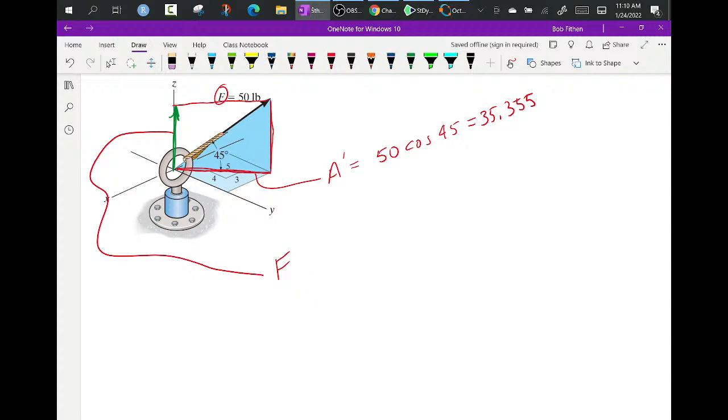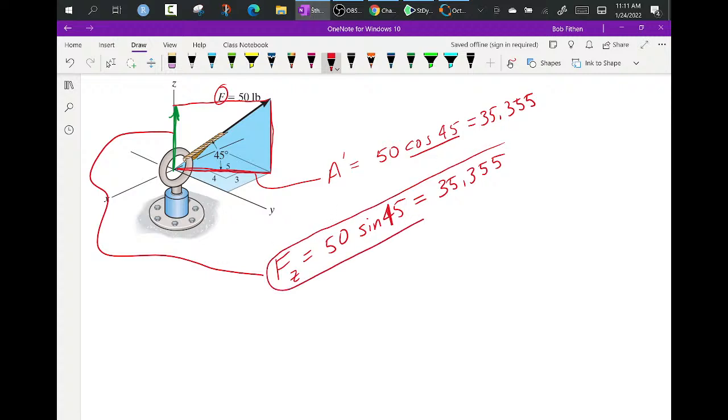The z component is going to be 50 pounds, and technically I'll do sine of 45, but it turns out it's the same value. So I have that. That's a given, and I'm okay.